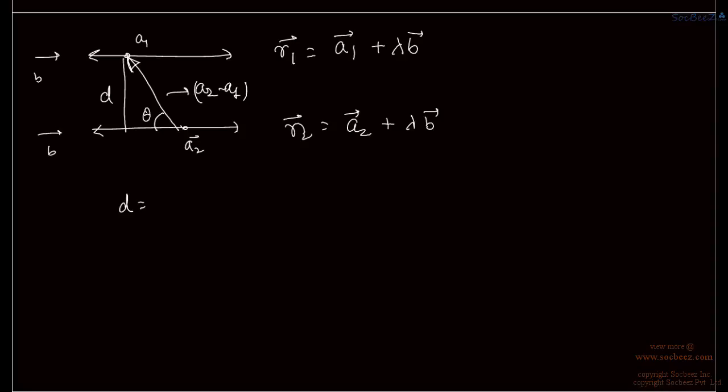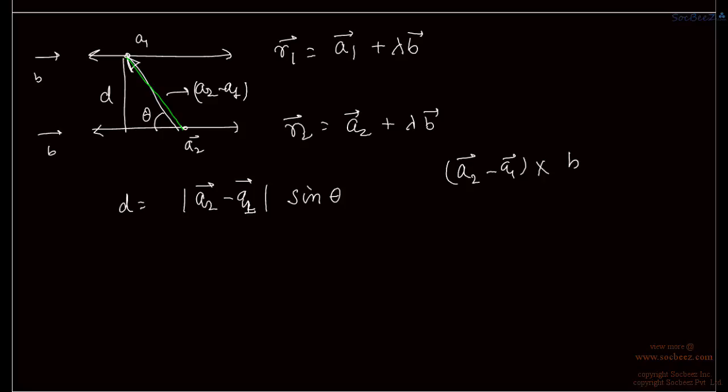Say this vector is a2 minus a1, then this d must be equal to the magnitude of a2 minus a1 times sine theta, right? And what is the value of sine theta?